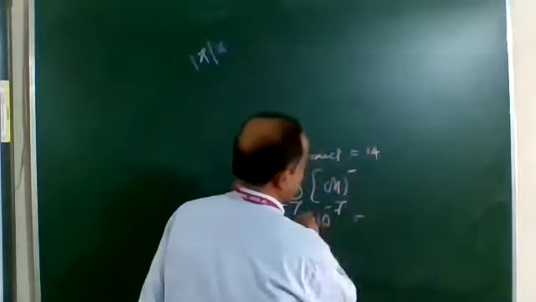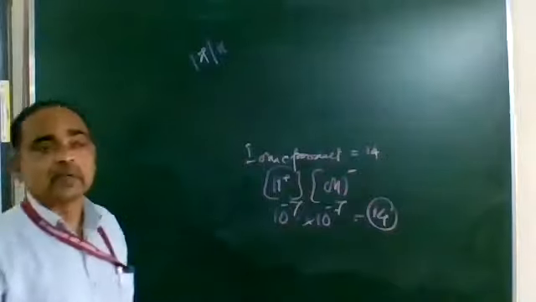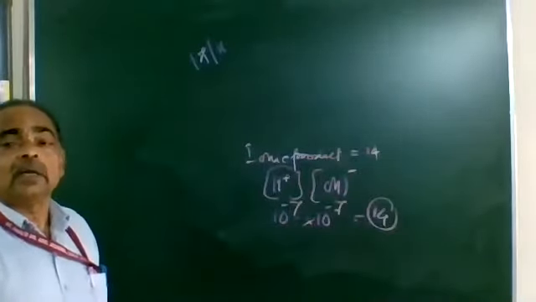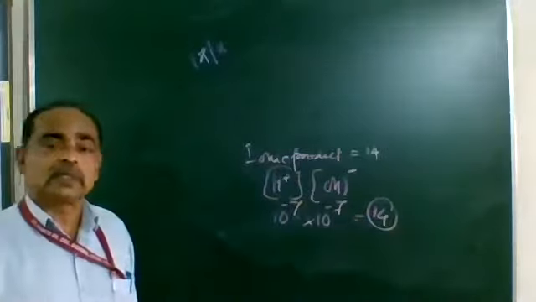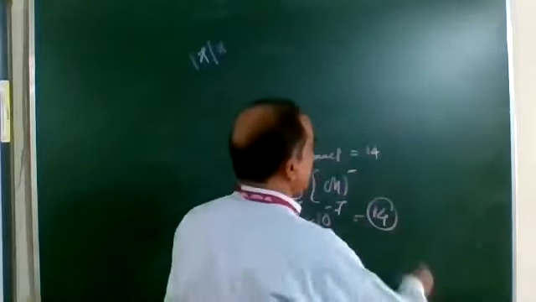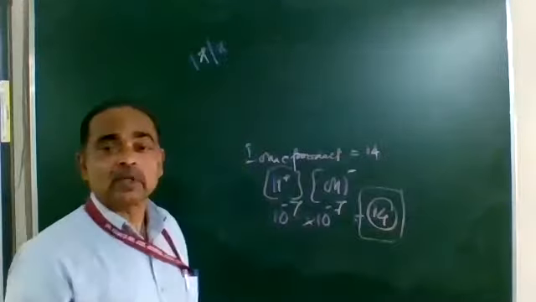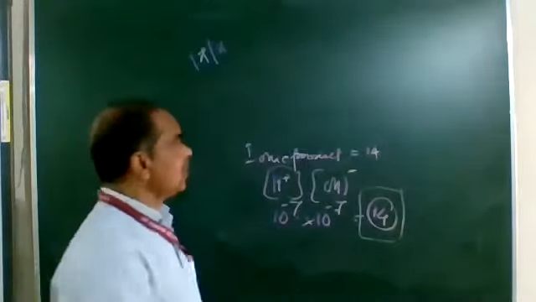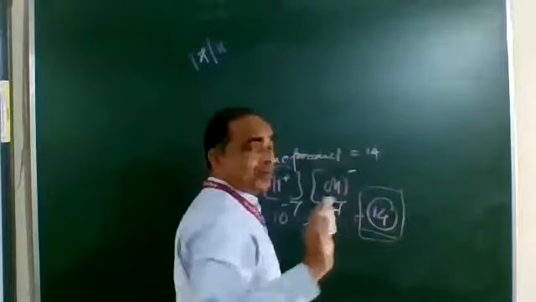Therefore, for the ionic product, when we take out the pH, multiplication means the powers are added, and it becomes 14. So for any solution which has H plus and OH minus ions, understood, the total pH would be 14. Remember that. Total pH would be 14.